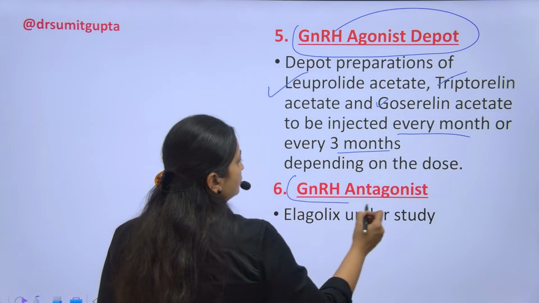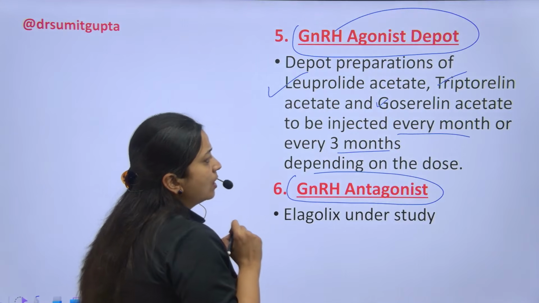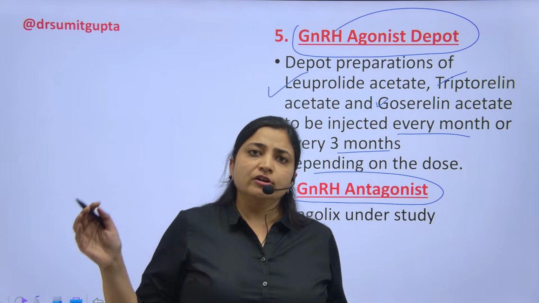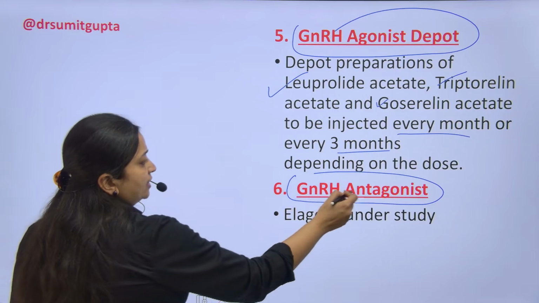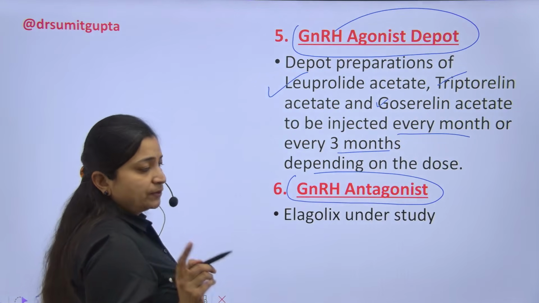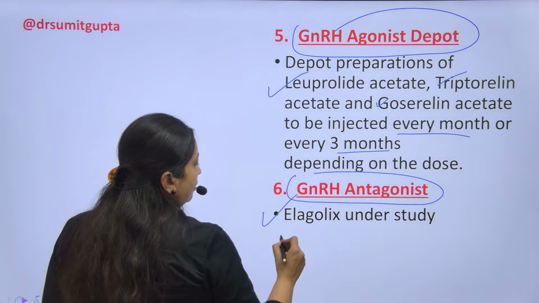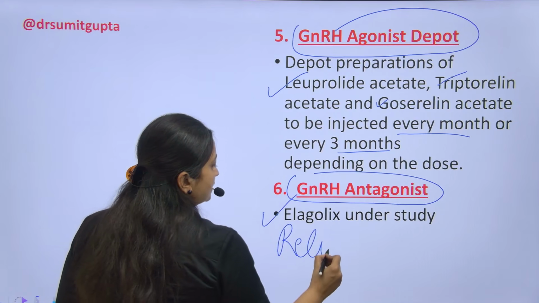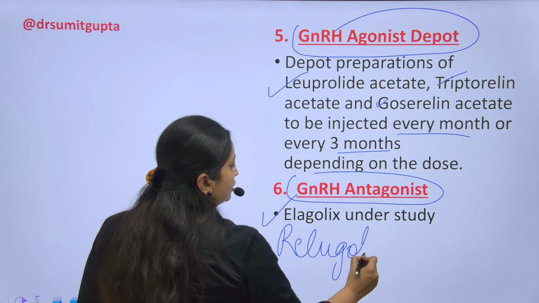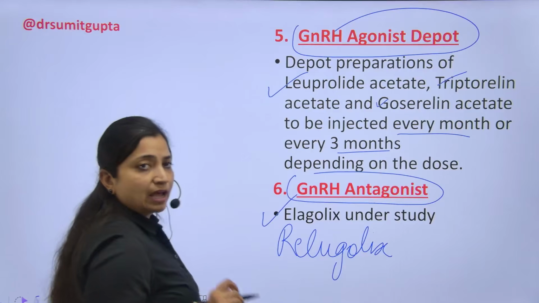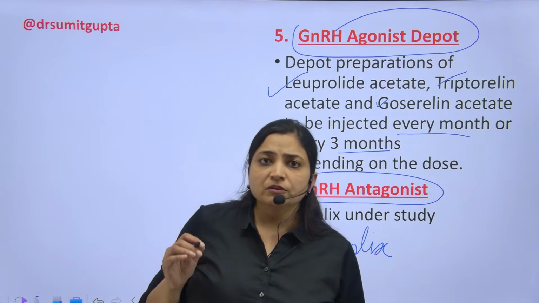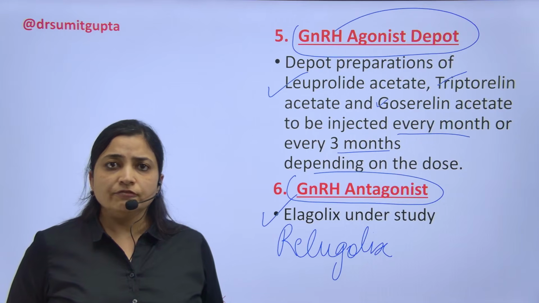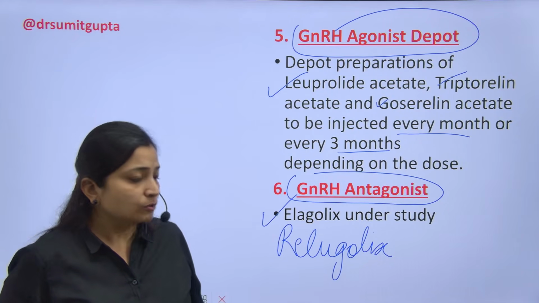Then we have the option of GnRH antagonist also, but in general for prolonged use we don't use both of these things. Earlier GnRH antagonist was only an injectable preparation, but now elagolix and relugolix are available in the market, which are oral preparations. They are under study and companies are claiming them to be very, very effective in cases of endometriosis and fibroid, but we don't know.